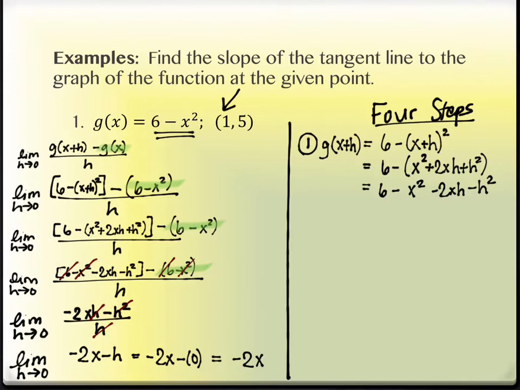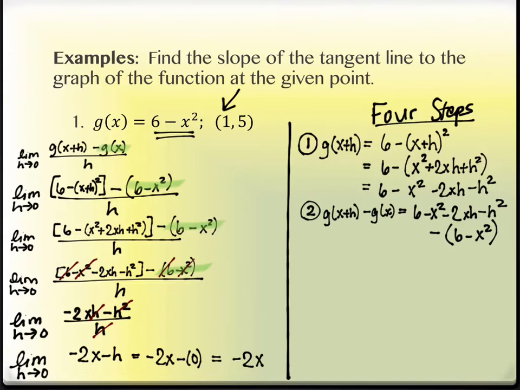Step 2 is to take that same g of x plus h that I already found and subtract g of x. All right, so what does that look like? Well, I'm going to have to go down to the line below, but it's taking the 6 minus x squared minus 2xh minus h squared, and it's subtracting off the 6 minus x squared. If you compare it back to the other side of my screen, it's the entire numerator.